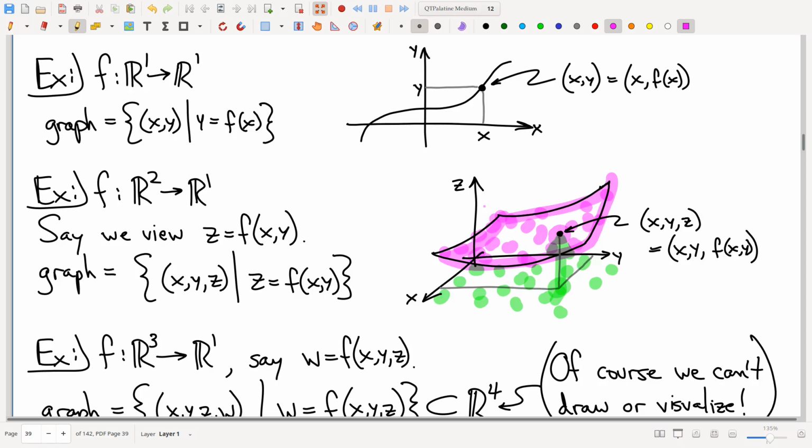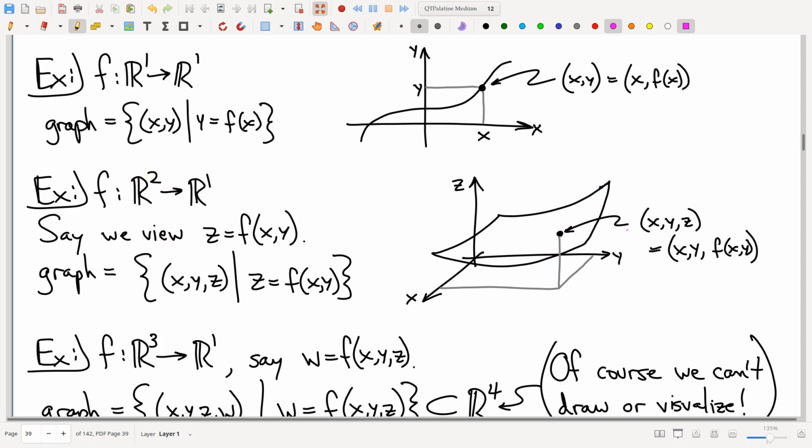Does that make sense? Okay. So this is our first picture that we're drawing of a multivariable function. Notice we have 2 input variables, and here is a picture of what that looks like. This is the graph of that multivariable function.